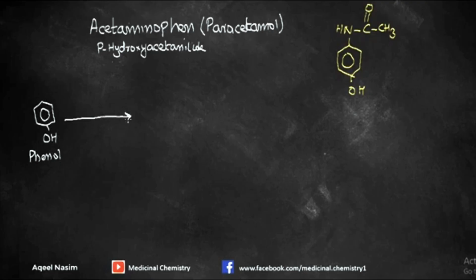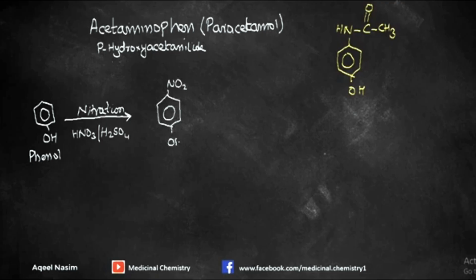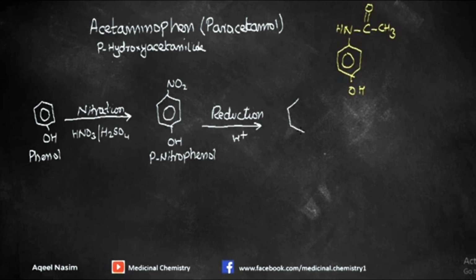As far as the synthesis is concerned, the starting compound for the synthesis of paracetamol is phenol, which undergoes nitration with nitric acid and H2SO4, and will ultimately form para-nitrophenol. This upon reduction gives us an intermediate compound.